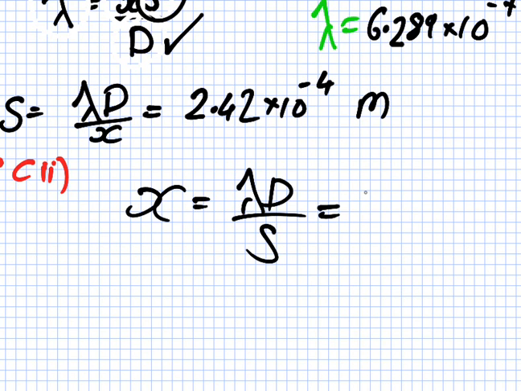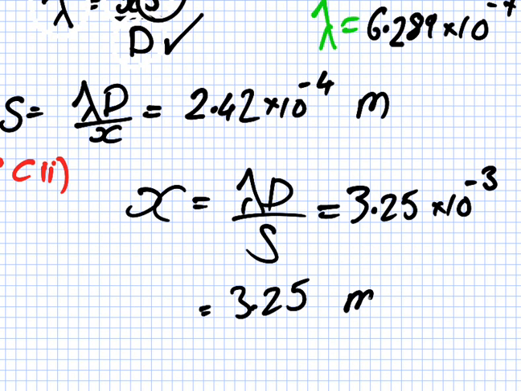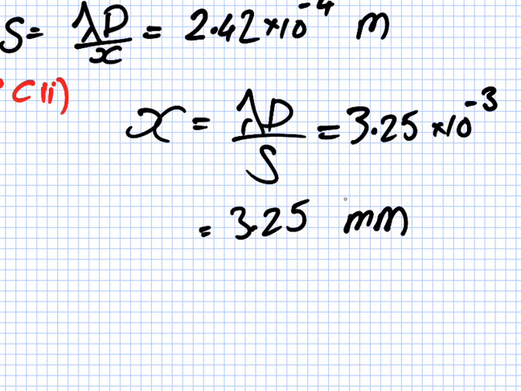Success. 3.25, yes, times 10 to the minus 3. I got 2.46 on my calculator. What's the answer in the book? Is it this? Yeah, okay, 3.25 millimeters. I should write it down, shouldn't I?